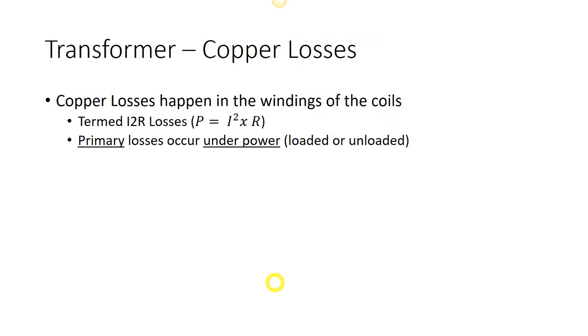That is why it's good practice with all of these wall warts that you use to power or recharge your phone, your iPad or your computer. As soon as you plug them in, they start consuming power, even if you haven't plugged them into your phone or your iPad or your computer. There are some losses on the primary side, and you can see that.